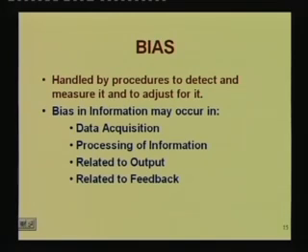It could be at the time of data acquisition, at the time of processing, related to output, or related to feedback. So we have different kinds of biases: data acquisition biases, processing biases, output related biases, and feedback related biases. Let us see what these different kinds of biases are.